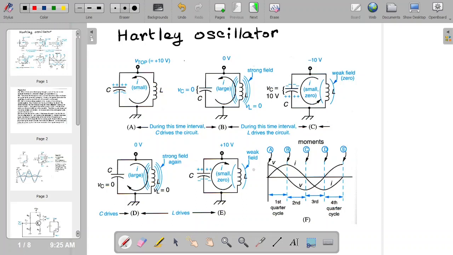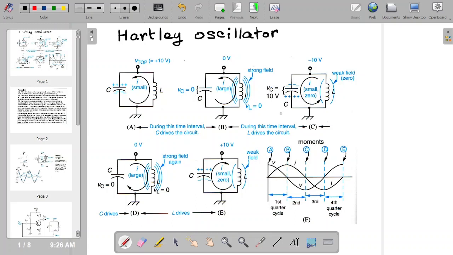This shows the voltage, the V top, and the current, the I, as time goes by. So you have two sine waves, and V is in front of I by 90 degrees.